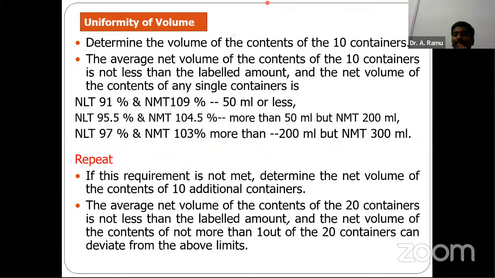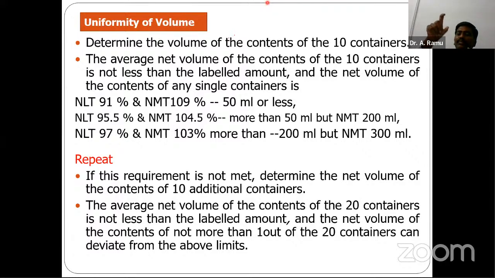Like suspensions, emulsions are also liquid dosage forms packed in bottles, and both have a definite volume. To know whether the volume of the preparation in all containers is uniform or not, we perform the uniformity of volume test. To perform this test, we select 10 containers randomly. Then you determine the volume of the preparation present in each individual container and the average. You transfer the contents into a measuring cylinder, measure the individual volume and calculate the average volume.